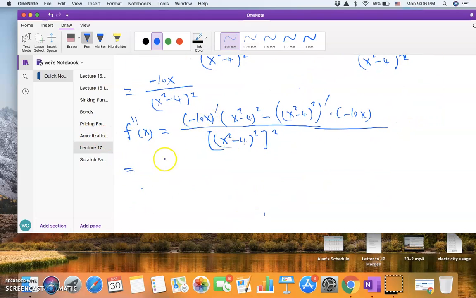And the derivative of this term is negative 10. To find out the derivative of this term, we are using chain rule. So first we take the derivative of the outer function, that is 2x squared minus 4, and we'll take the derivative of the inner function, that is 2x.